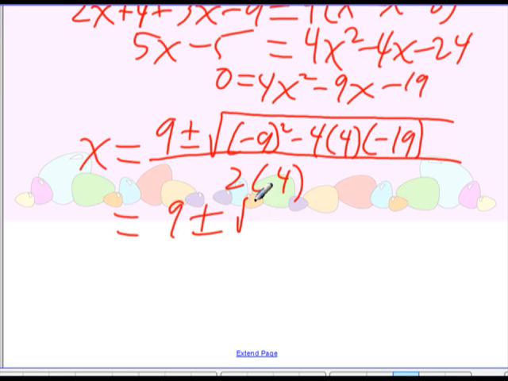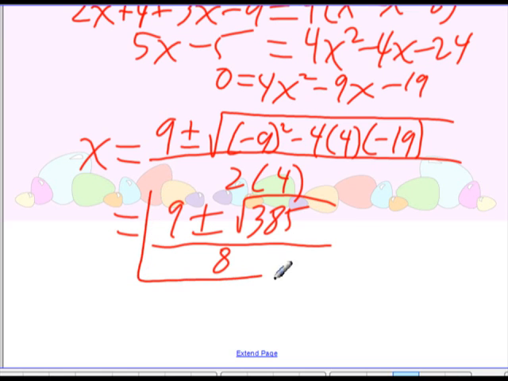Quadratic formula in action. If I evaluate all that stuff under the radical, it's 385. I did that ahead of time to save some trouble. All over 8. And now it turns out that the square root of 385 can't be simplified. It's not a perfect square. And so this is actually my answer. Can't simplify that any further.